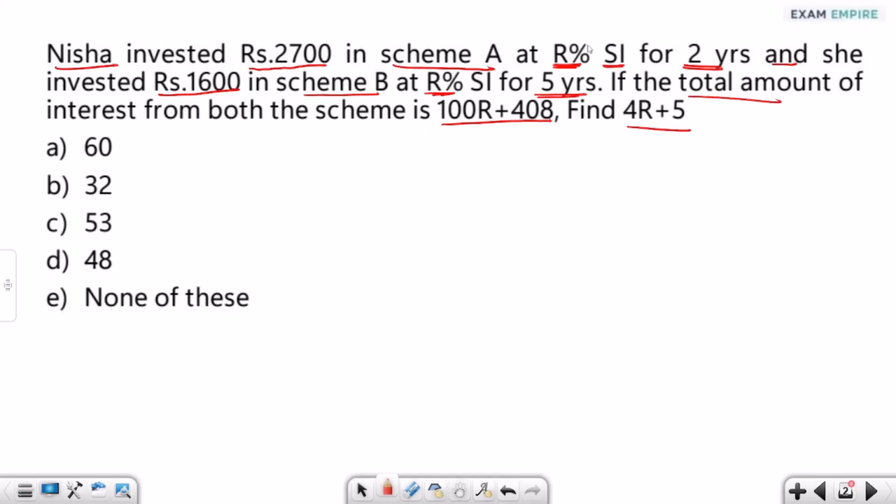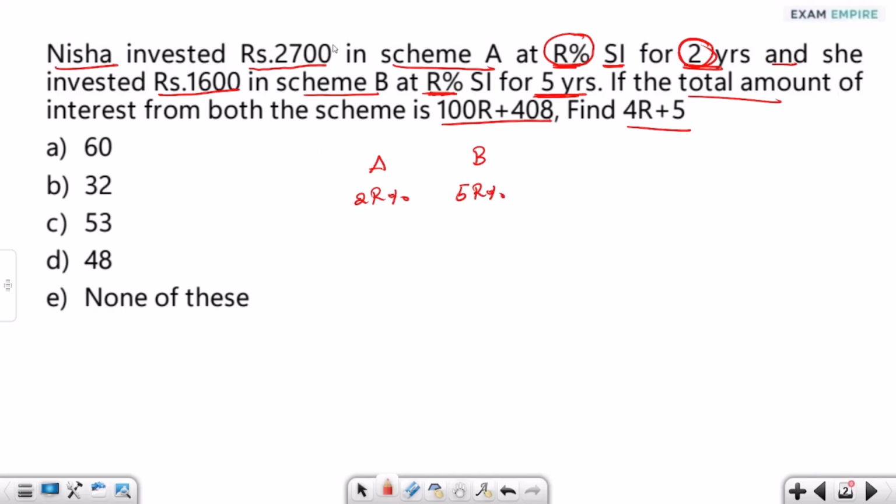Okay, so in scheme A, for how many years? 2 years. At what percentage? R percentage. So total interest will be 2R percentage. And in scheme B, R percentage for how many years? 5 years. So in scheme B total it will be like 5 R percentage.